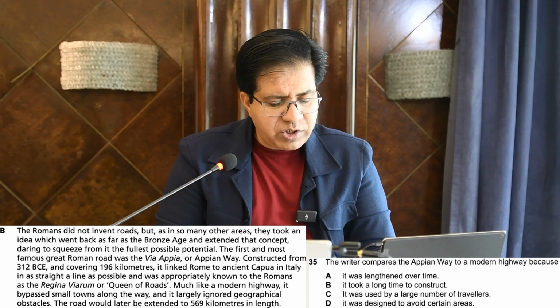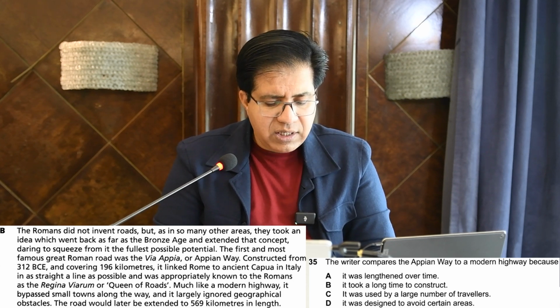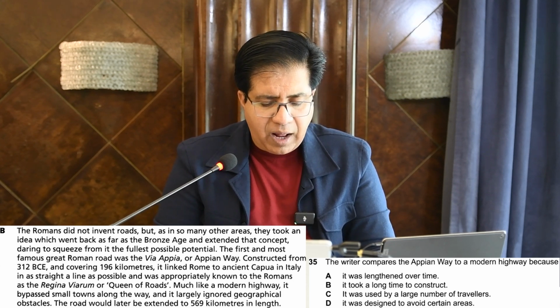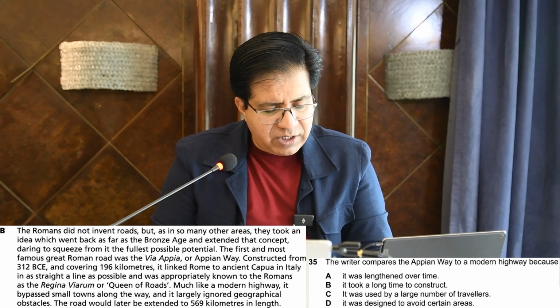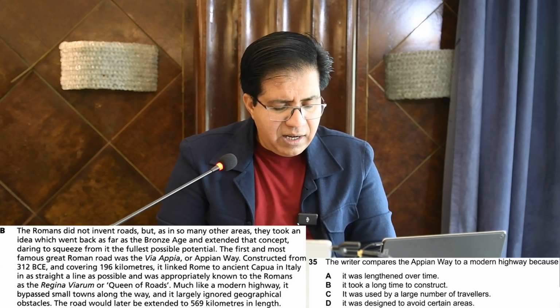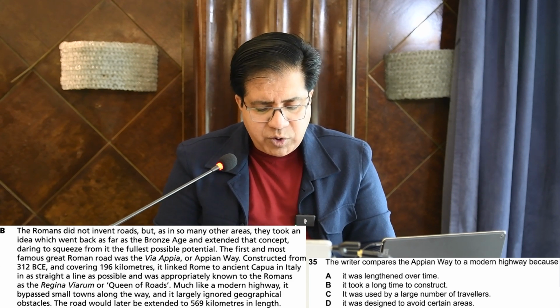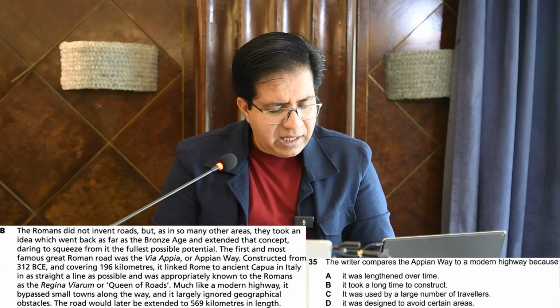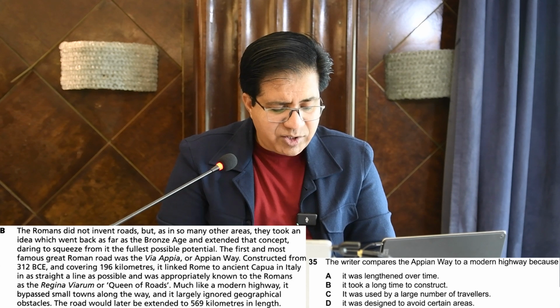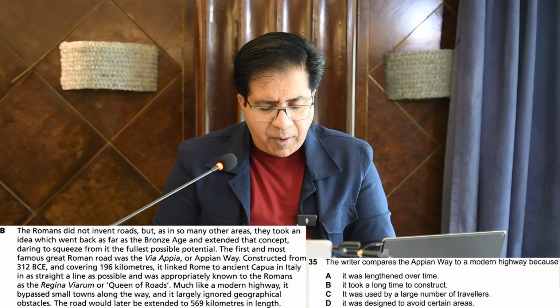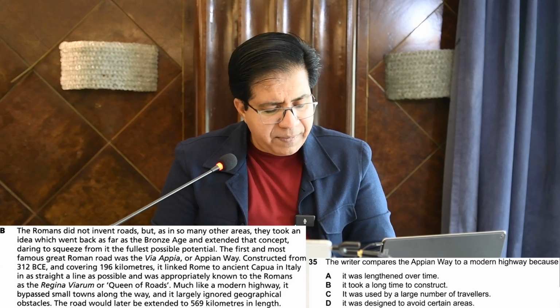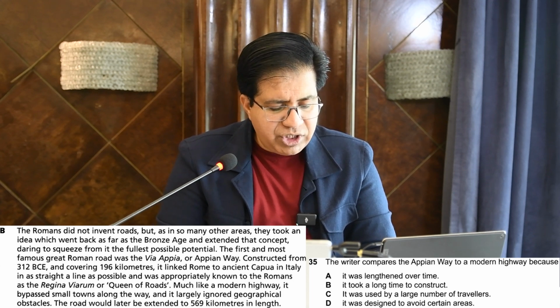The first and most famous great Roman road was the Via Appia or Appian Way, constructed from 312 BCE and covering 196 kilometers. It linked Rome to ancient Capua in Italy, in as straight a line as possible and was appropriately known to the Romans as the Regina Viarum.